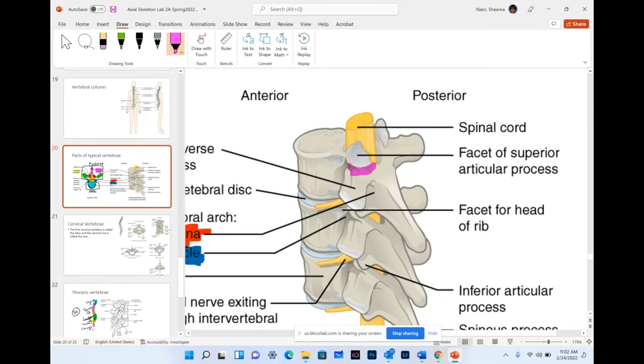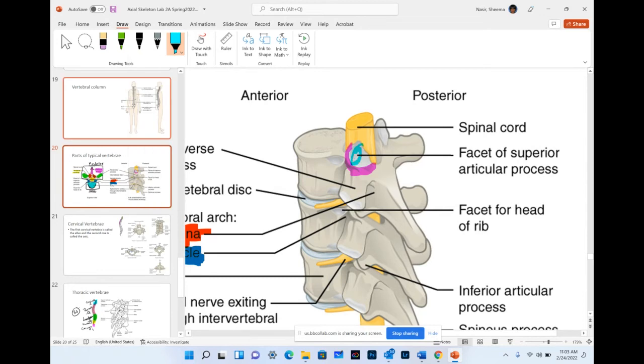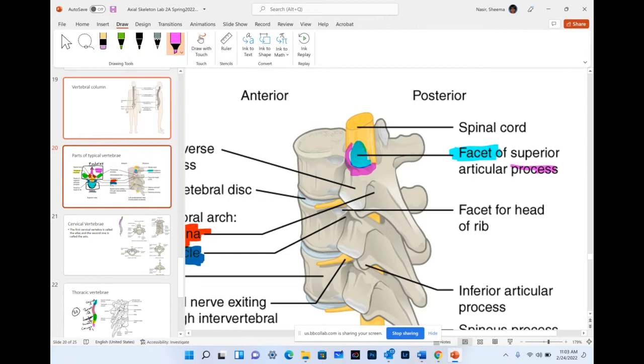And the facet is what will make the joint. So this will be your superior articular facet, and that pink is your superior articular process.